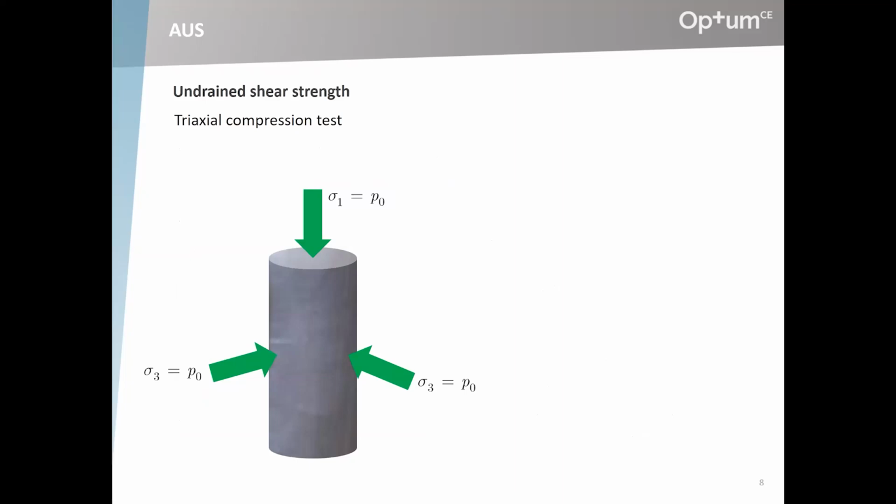A cylindrical sample of clay, you then subject it to a hydrostatic pressure, you let it consolidate, and then once you're ready to go, once the initial pore pressures from the initial consolidation have dissipated, well, then you ramp up the vertical stress here until the sample fails, and we can verify experimentally that it fails when the difference between sigma 1 and sigma 3 reaches a critical magnitude.